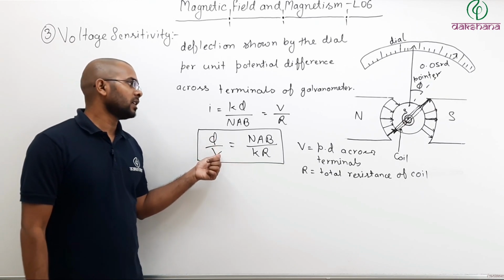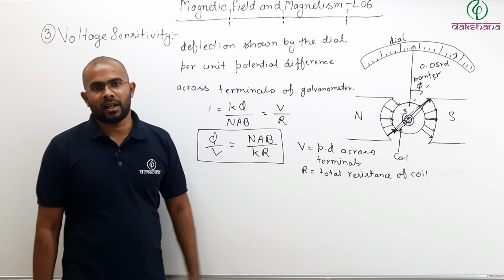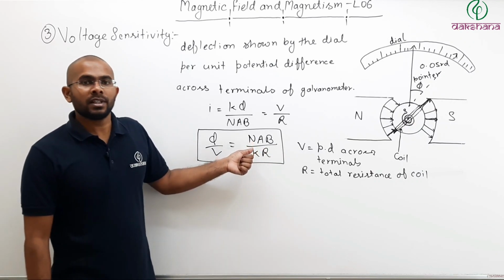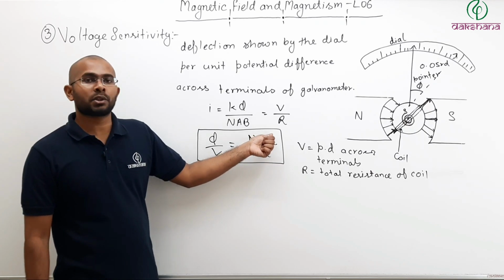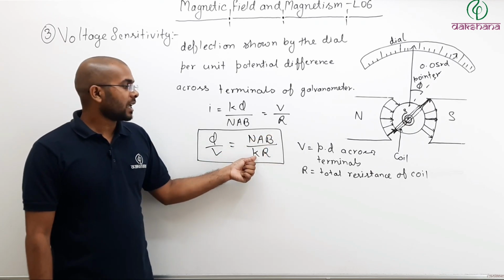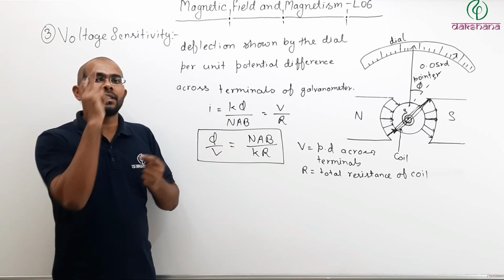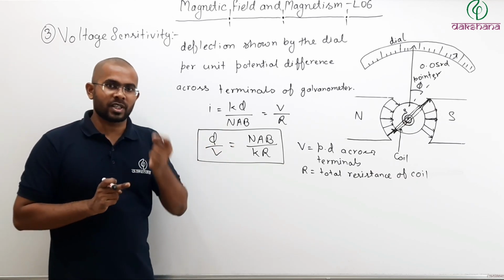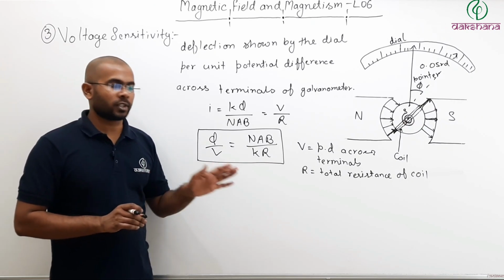Phi by V is equal to NAB divided by K times R, where N is the number of turns, A is the area of coil, B is the magnitude of radial field, K is your torsional constant of either the suspension wire or the spring, whichever is given in your question you can use.